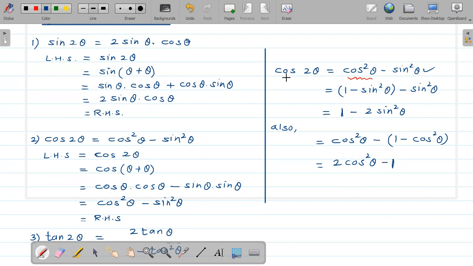So the double angle formula for cos ratio, originally it is cos square theta minus sin square theta, but by using fundamental identity, we get 1 minus 2 sin square theta or 2 cos square theta minus 1.